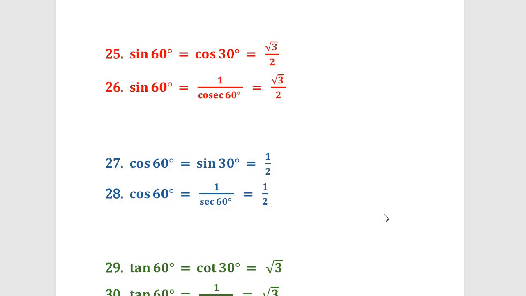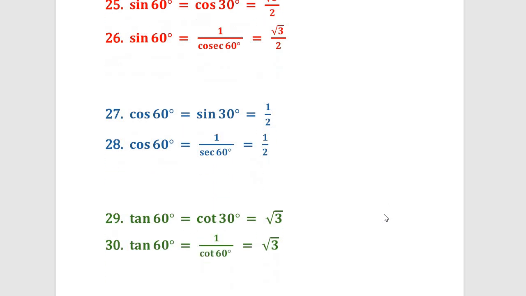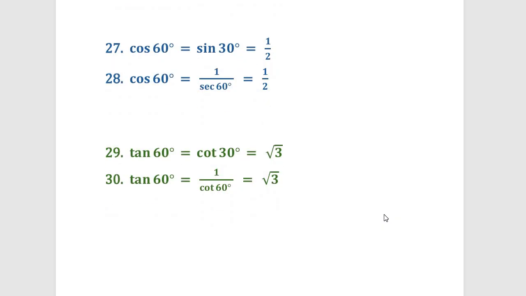Sin 60 degree equals 1 by cosec 60 degree, because sin 60 and cosec 60 are reciprocal, equals square root of 3 by 2. Formula 27, cos 60 degree equals sin 30 degree equals half. Cos 60 degree equals 1 by sec 60 degree equals half.